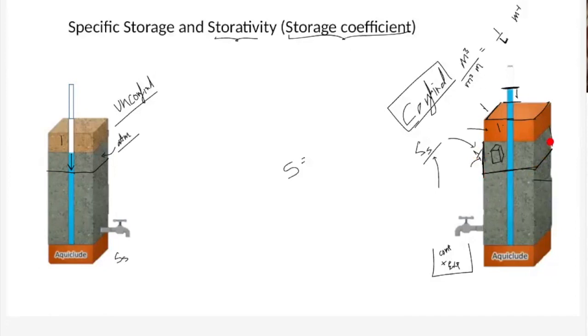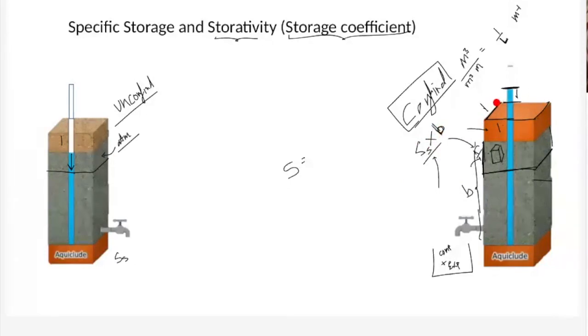But if you have to talk about the whole aquifer depth, then you have to go the whole depth, right? Let's say B. So it will be specific storage times B, right?